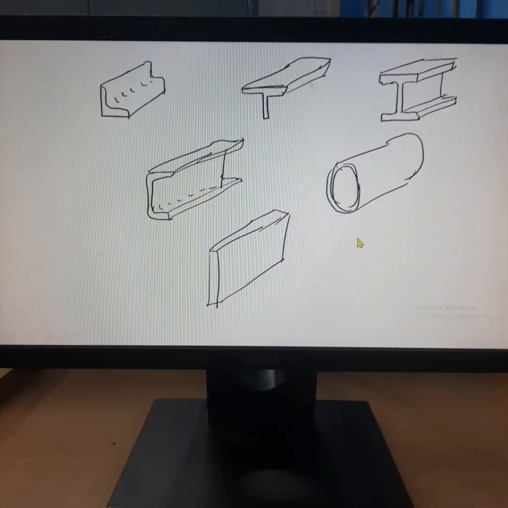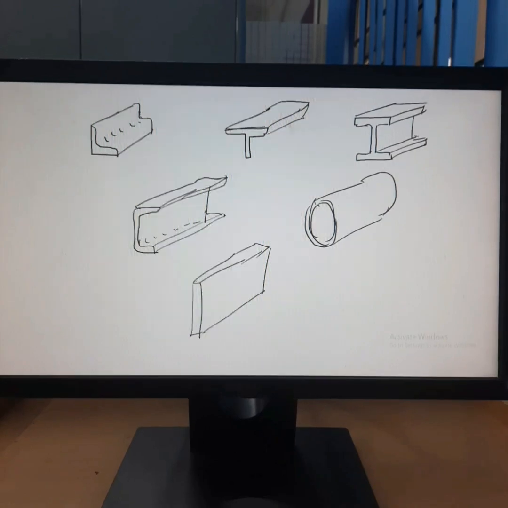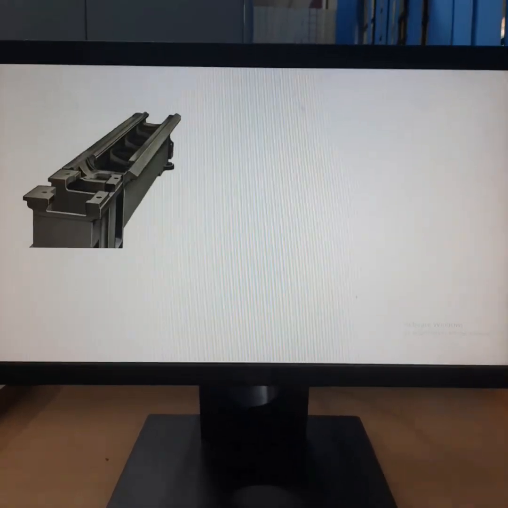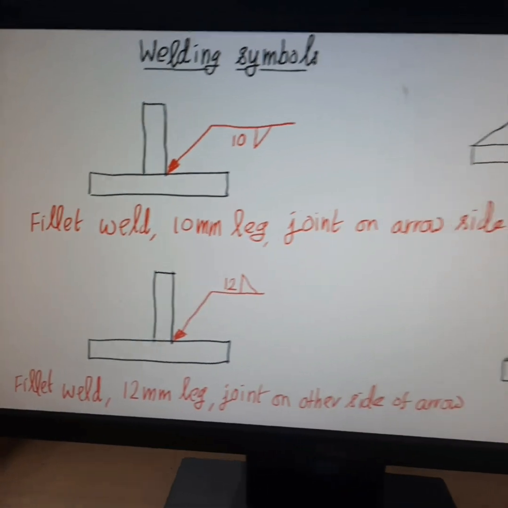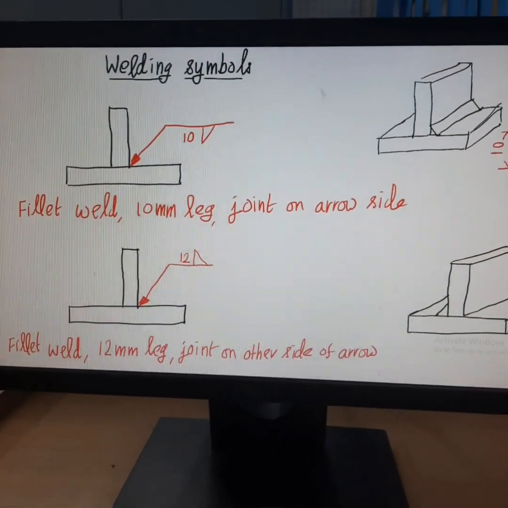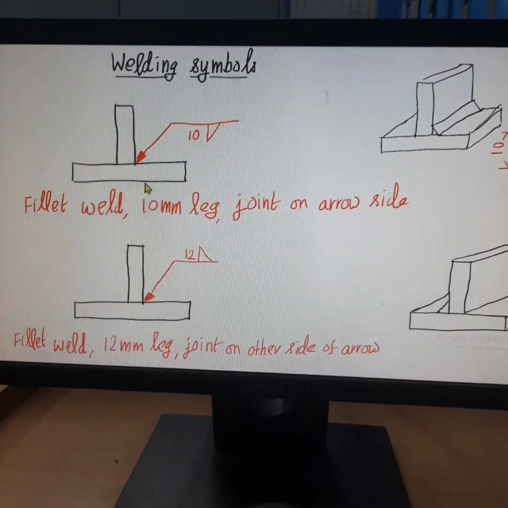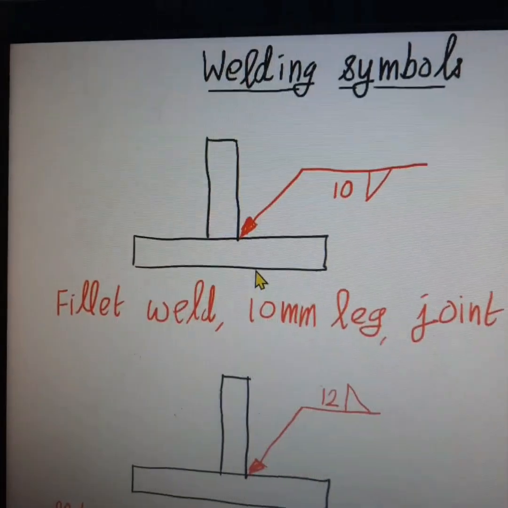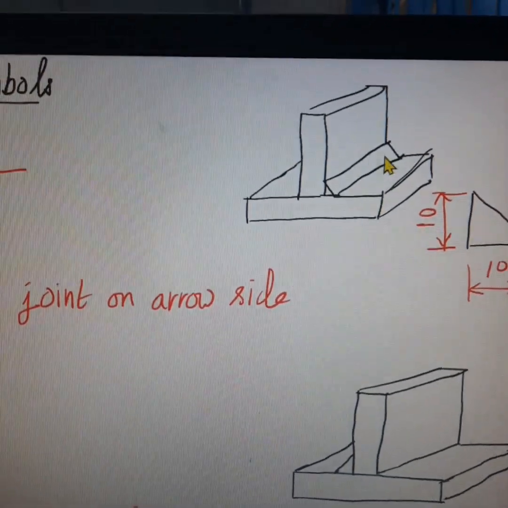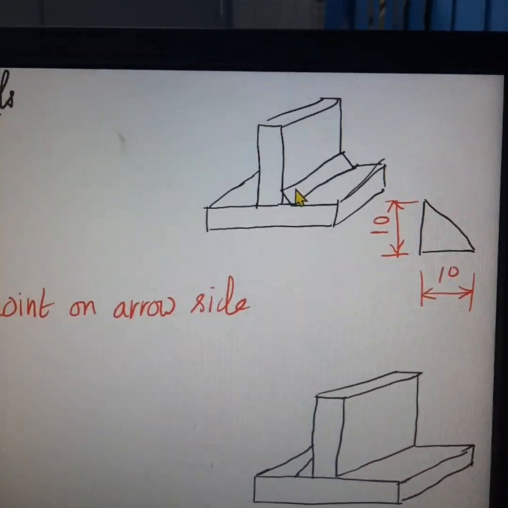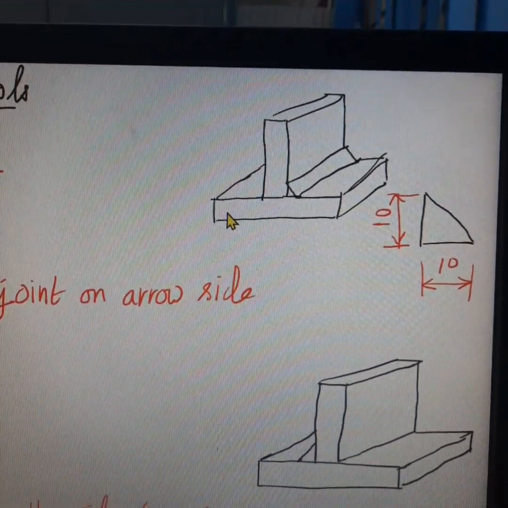Before discussing how to fabricate a machine tool bed by welding, let us discuss the welding symbols. If you want to join a horizontal plate with a vertical plate, you can use a fillet weld as shown in this figure. The fillet weld is the right option.